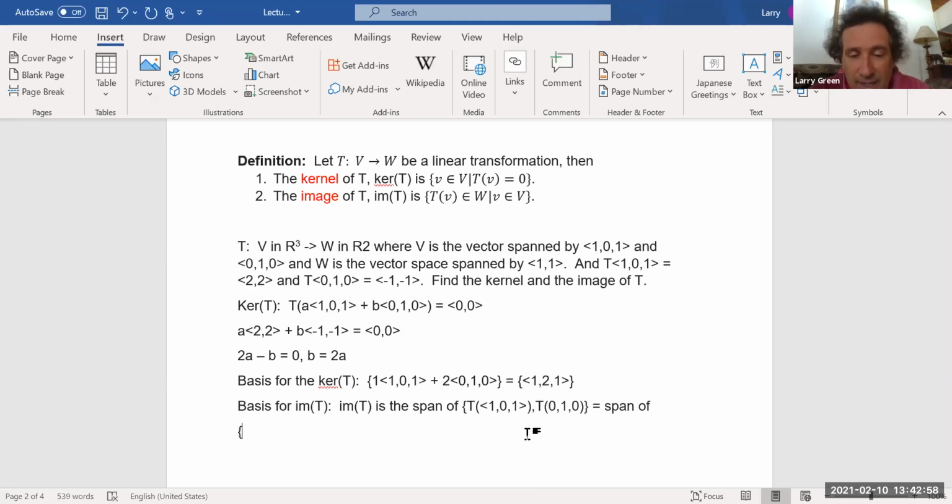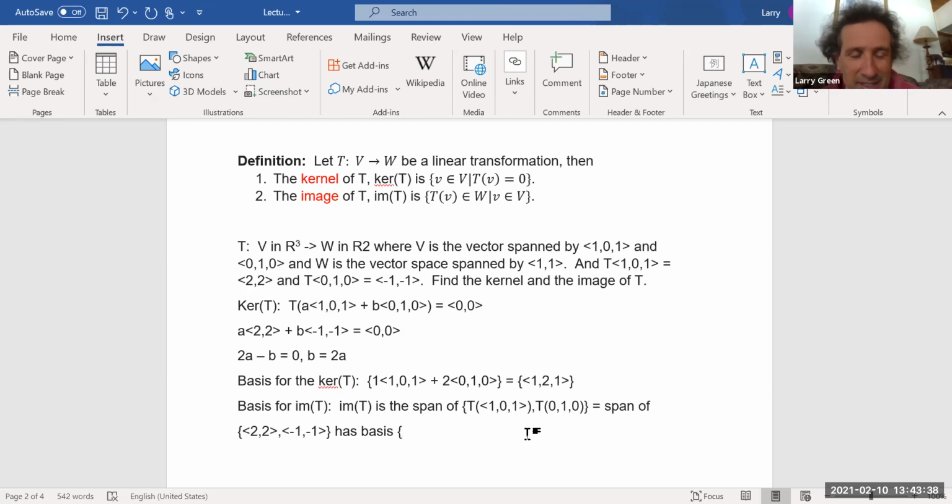Okay, so now I just do it. T of 101 is 2, 2. And T of 010 is -1, -1. Now, what's the span of that set? Or in other words, what's a basis for the span of that set? Anyone can tell me?